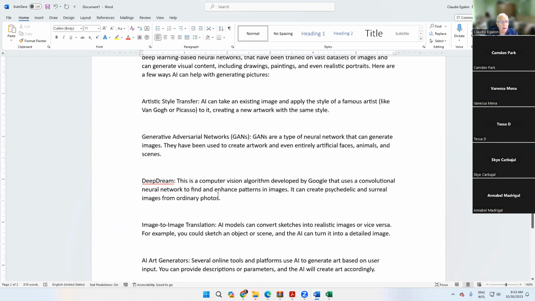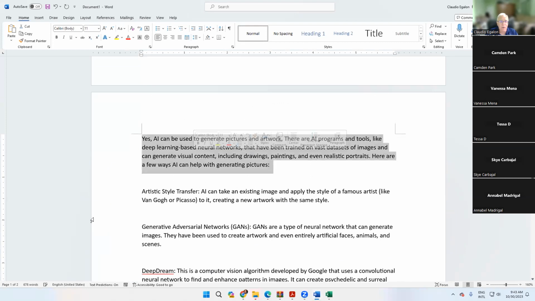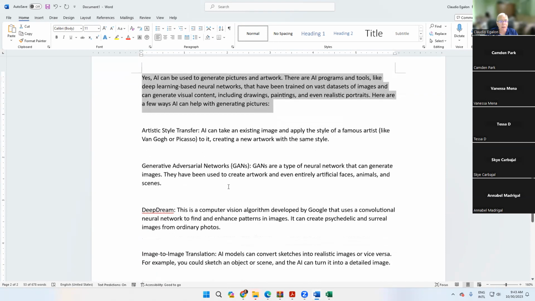Here you go. Yes, AI can be used to generate pictures and artwork. That is a reply from ChatGPT. I asked it, can AI generate pictures and artwork, right? Yeah. There are AI programs and tools like deep learning-based neural networks that have been trained on vast data sets of images and can generate visual content, including drawing, right?